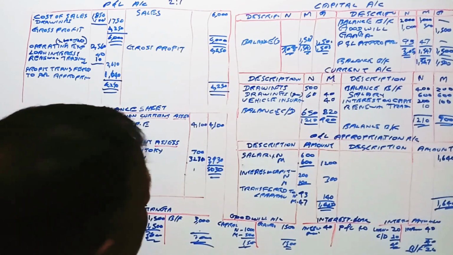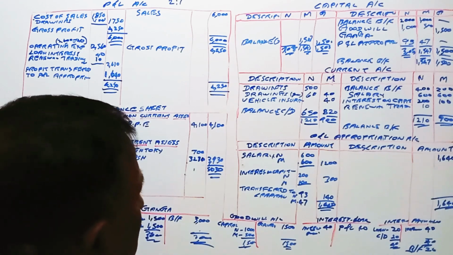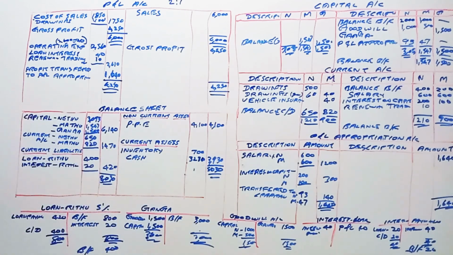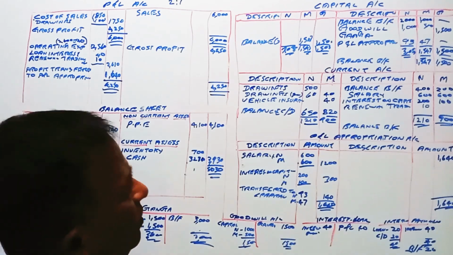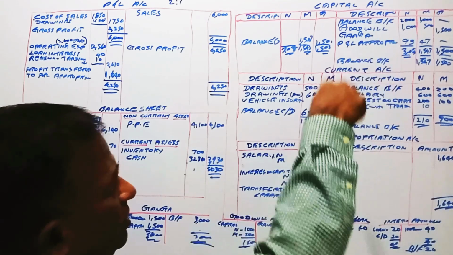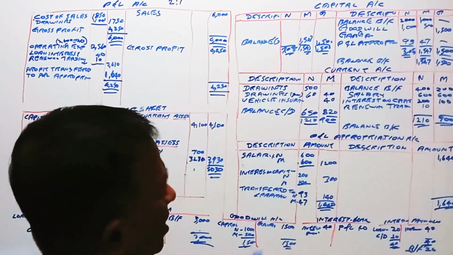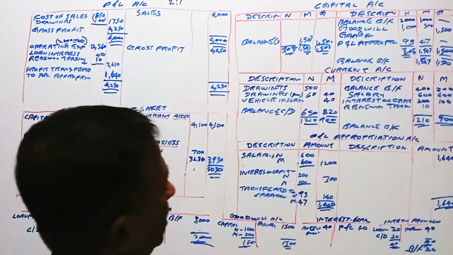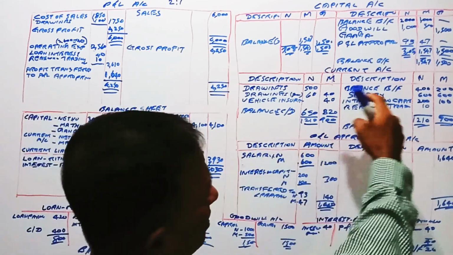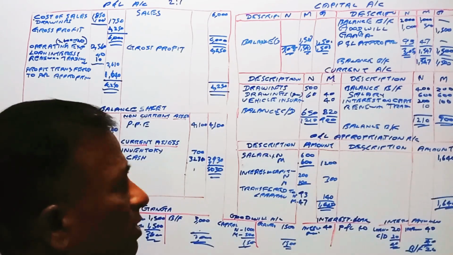And other than that, there are no other important adjustments, right? Here when you are reading yourself, if they say capital account, there is a salary 50,000, then you pass the double entry for the salary, a profit and loss appropriation account debit for the salary, and current account credit for the salary.